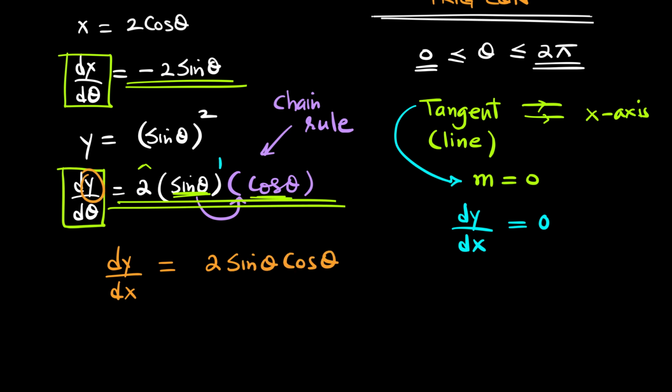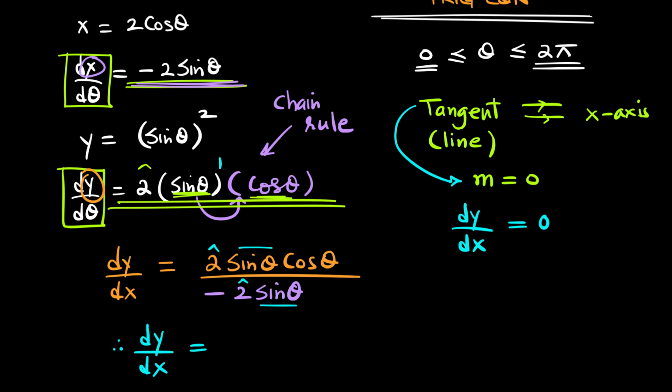The y expression goes at the top and the derivative expression for x, negative 2 sine theta, goes at the bottom. Simplification gives us dy by dx. The sine and the sine cancel off, the 2 and the 2 cancel off, and we are left with negative cosine theta, a simplified expression for dy by dx.